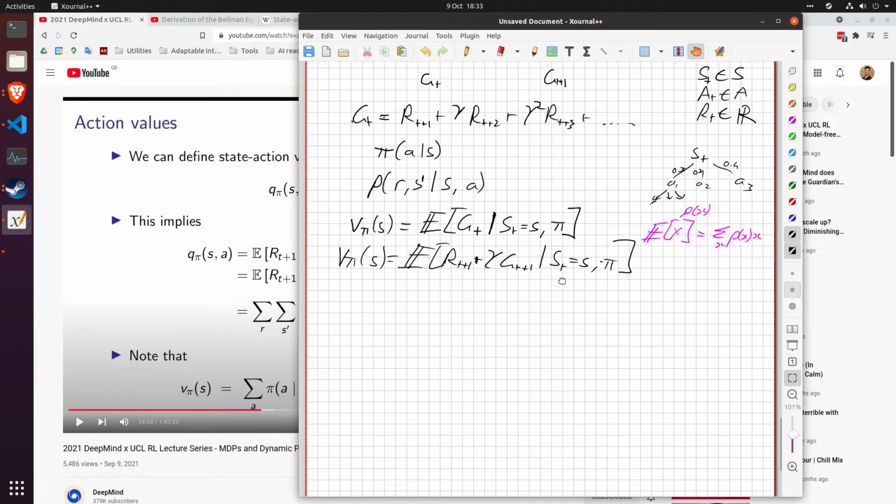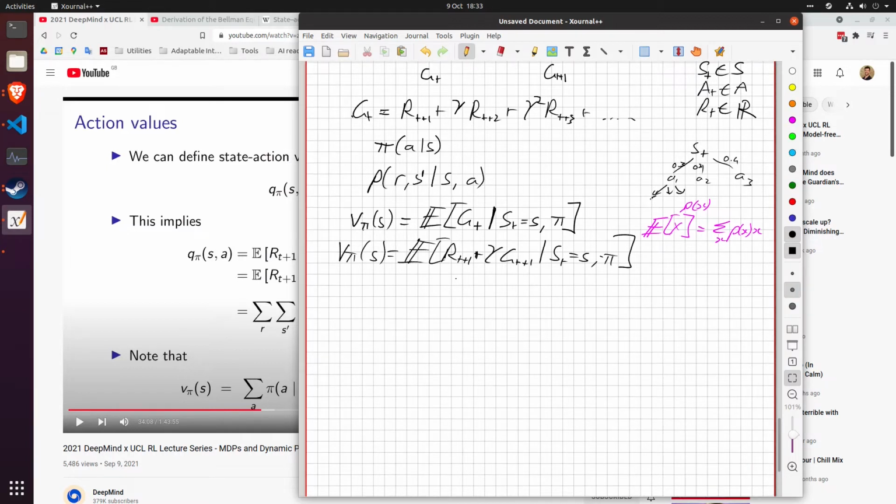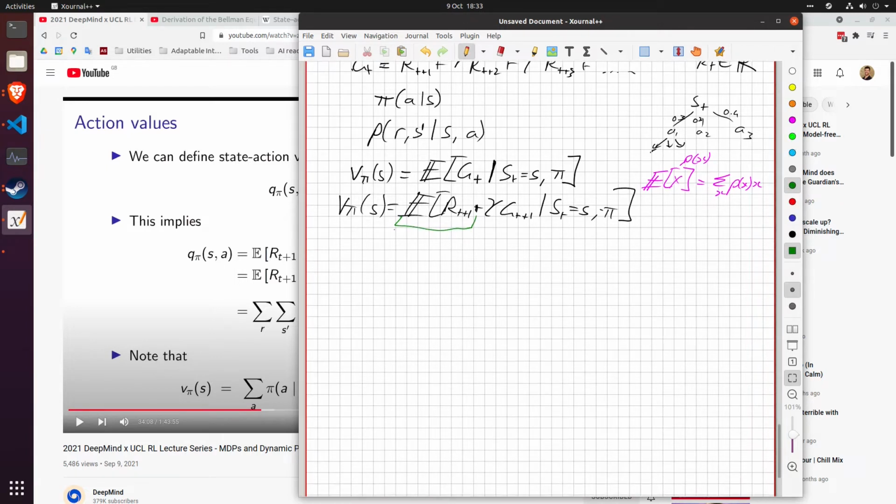And now we can go back to where I was just a few seconds ago, because now I'm going to do this. The expectation value of the sum is the sum of expectations, so I can do these one by one. So in green, I'm just going to consider this part of the sum. And this will get us back to where I was before I interrupted myself. So let's look at the expectation value of the reward at time step t plus 1, given the fact that we know that the state at time t is s, and we have policy pi.